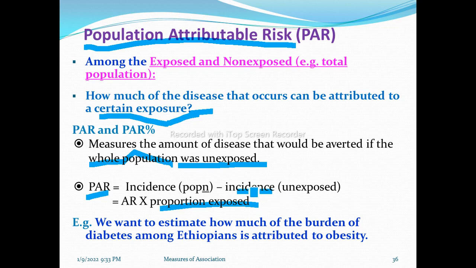This is the incidence of unexposed, and this is the incidence of exposed in the population. We want to estimate how much of the burden of diabetes among Ethiopians is attributable to obesity, due to this risk factor. The whole population is a very core concept.